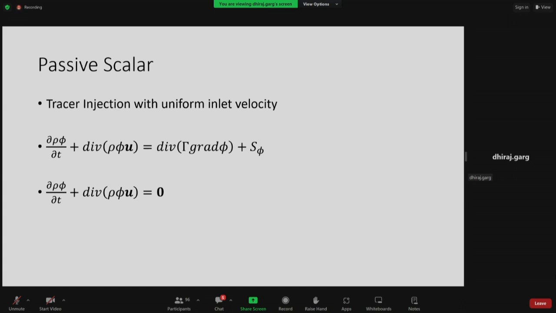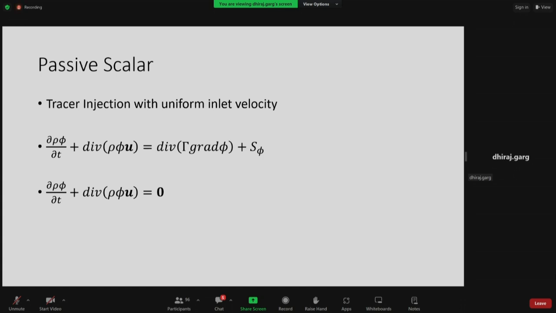Say in bigger equipment, at industrial scale, you want to see the pattern of mixing, how things are moving from one point to another. So you are sometimes only interested in the convective aspect because the system is large enough that you can safely neglect the diffusion.